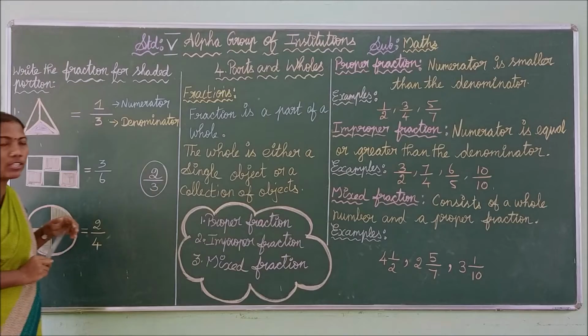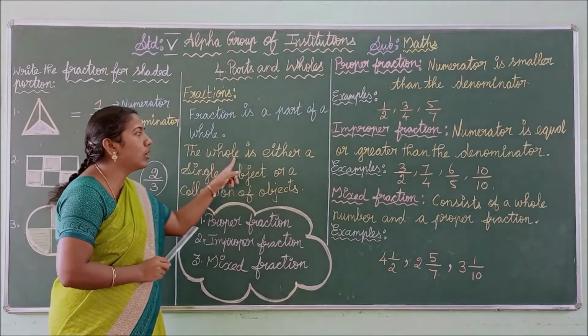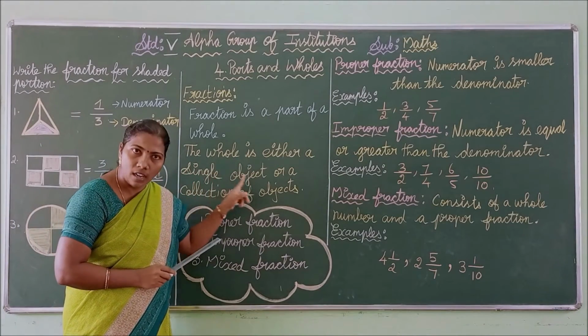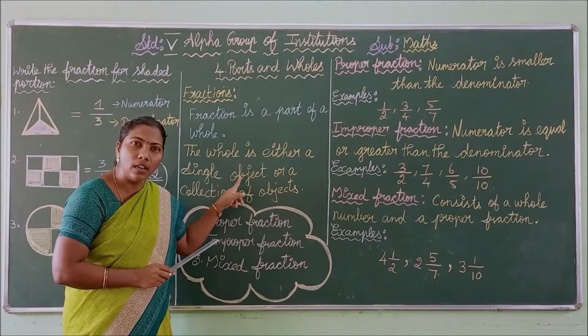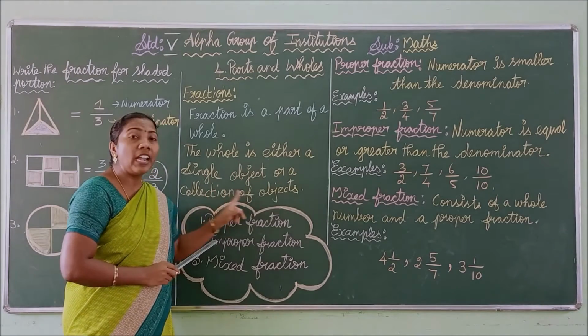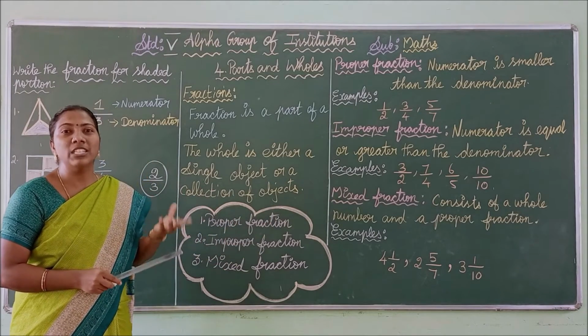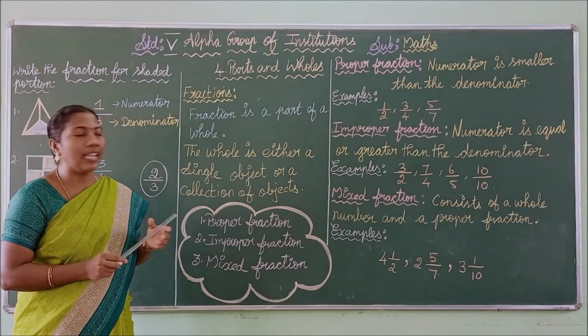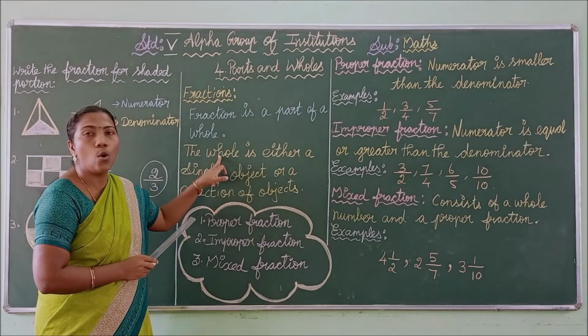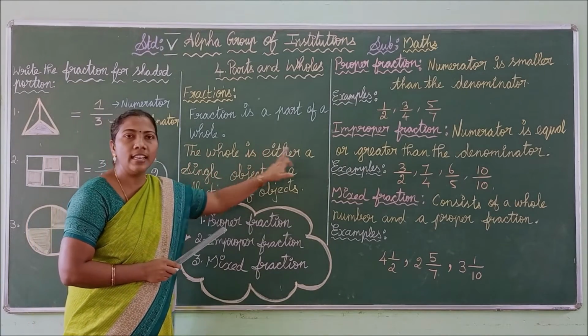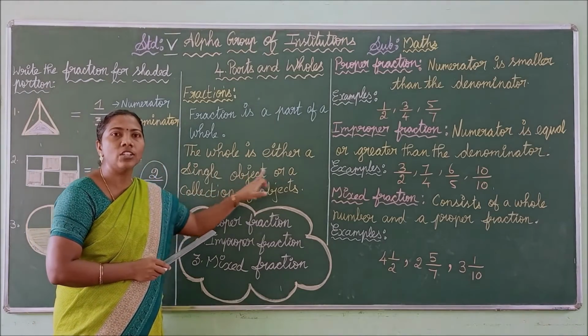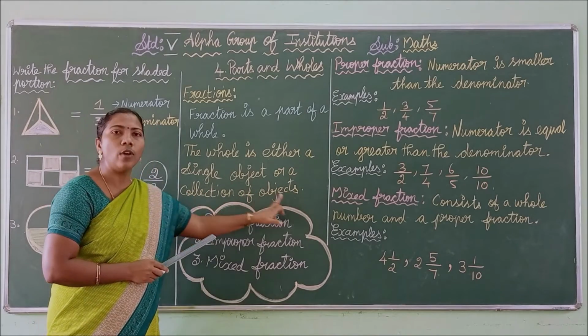Also, the whole may be a single object or a collection of objects. A collection of objects means we can take a bunch of grapes, a bunch of fruits, or a lot of vegetables. Like that, we can define the whole. The whole is either a single object or a collection of objects.